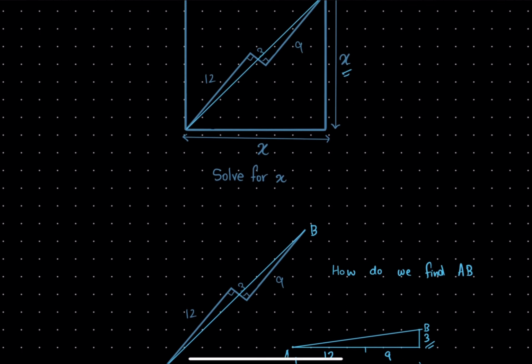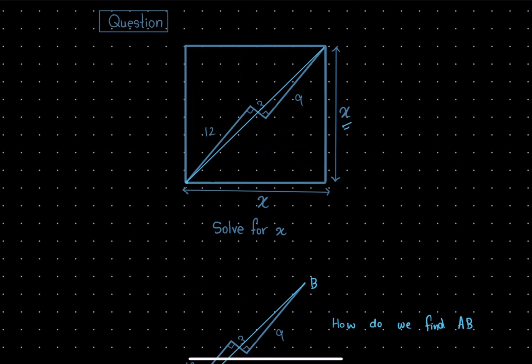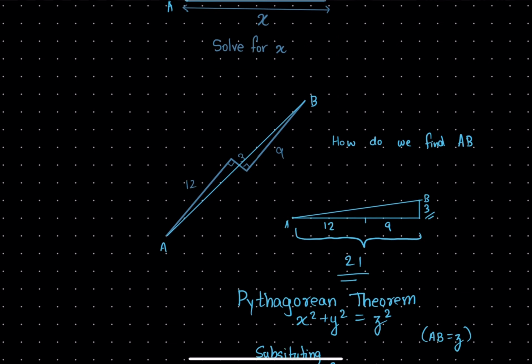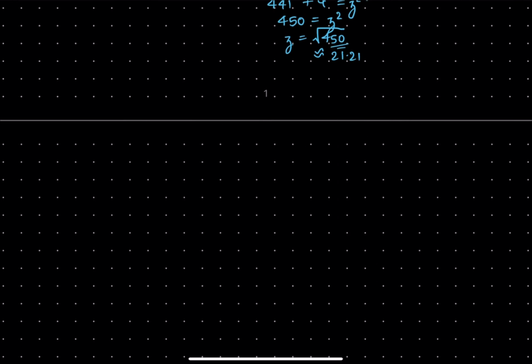So now that we found out what AB is, how do we find out what x is? Well, if we use the Pythagorean theorem one more time, x squared plus y squared gives us z squared. Then if we substitute everything we have, we know that x squared plus y squared gives us the square root of 450 squared.